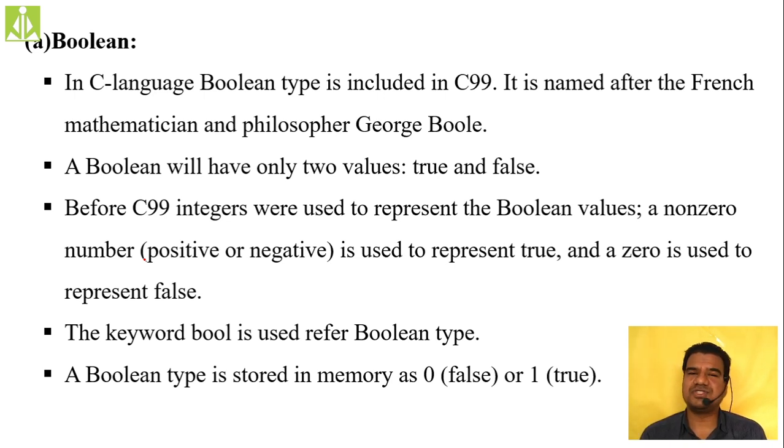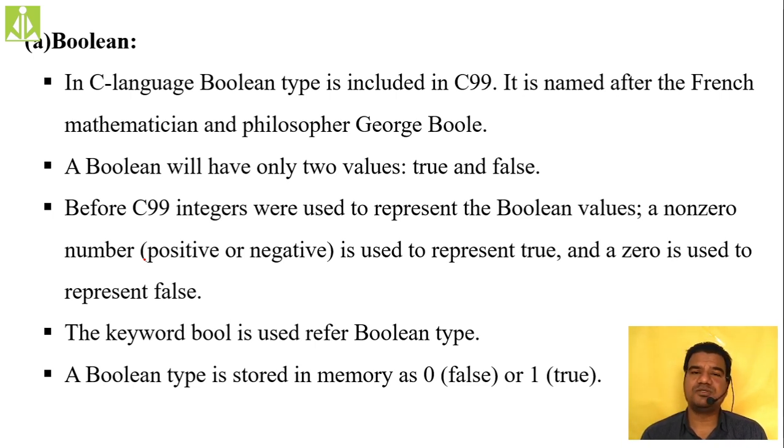We already saw the history of C: first ALGOL, then BCPL, then B language, then C language, the traditional C. Then C89, C95, C99. The Boolean type is included in C99. Prior to C99, there is no such type.